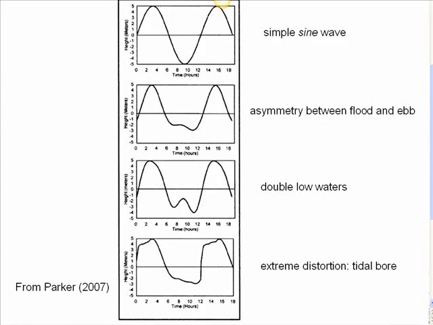And then you can have an extreme, the extreme of the distortions is this sudden increase in the tidal elevation, a rapid decrease, but a sudden increase in the tidal elevation, and that's a tidal bore. So notice the big distortion from a sine wave to something that looks like that, in which you have a very sudden increase in the sea level, right here, and that's a tidal bore.